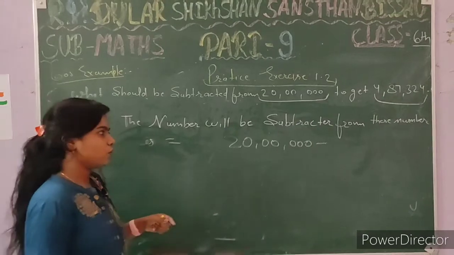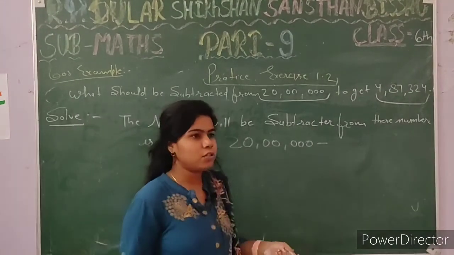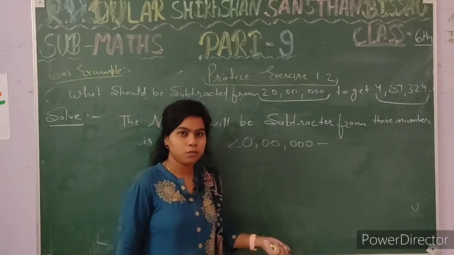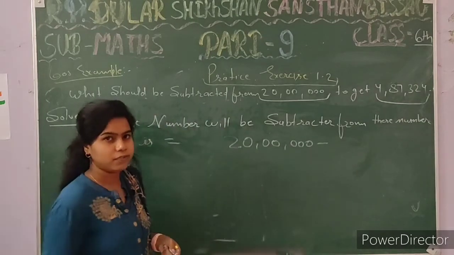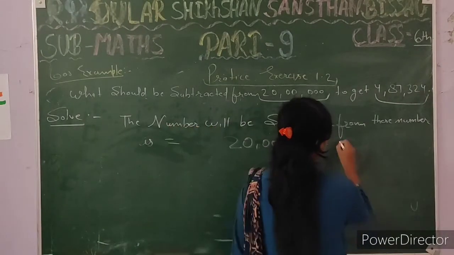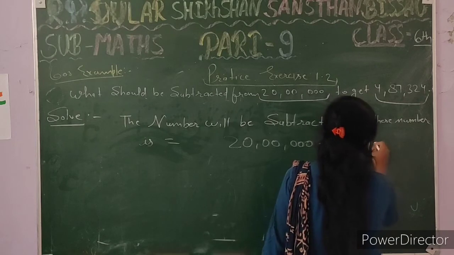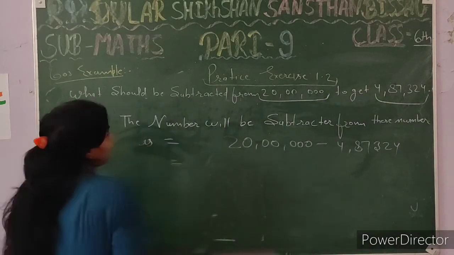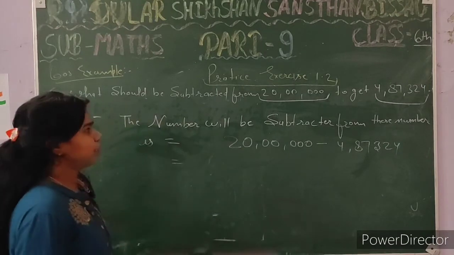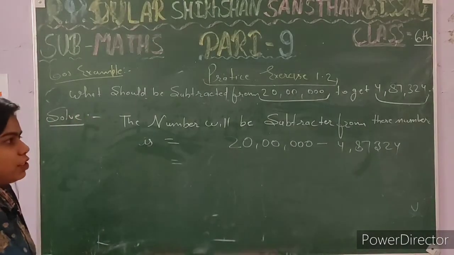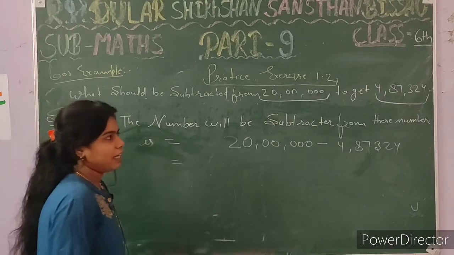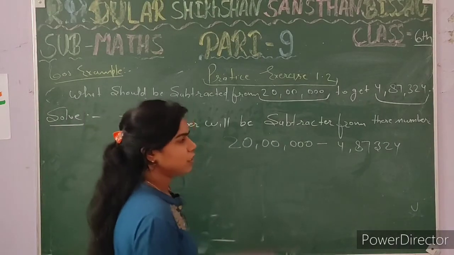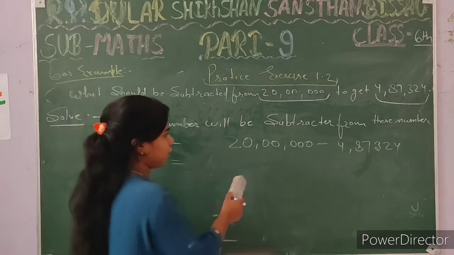If anyone asks you for the international number system, you can write it in that way. So what should be subtracted from 20 lakh to get 4,87,324?